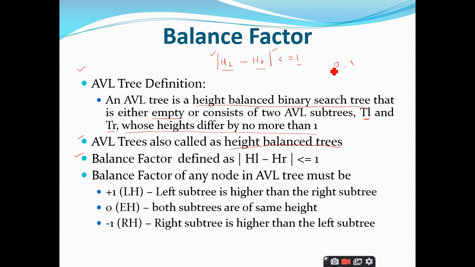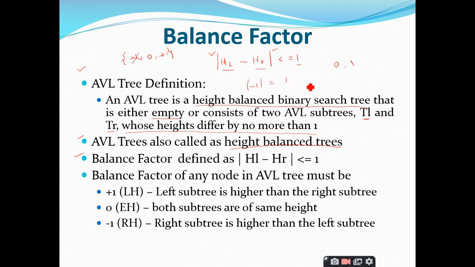Actually, when we consider this balance factor, the balance factor can take only 3 values according to the definition of AVL tree. That is, it can take the value -1, it can take 0, or it can take +1. But according to this definition, the modulus of HL minus HR is less than or equal to 1. So he is not going to take this. Why? Because the modulus of -1 is nothing but 1.